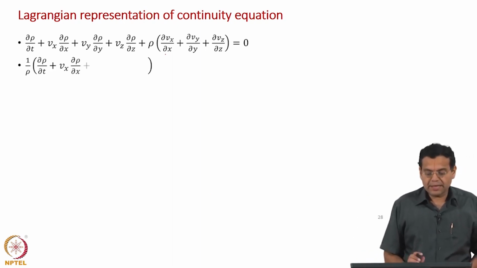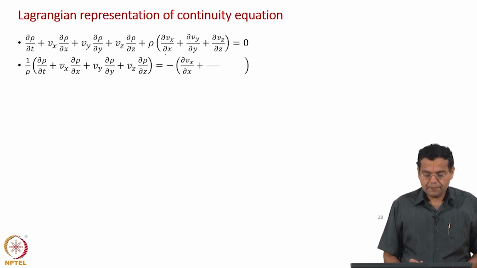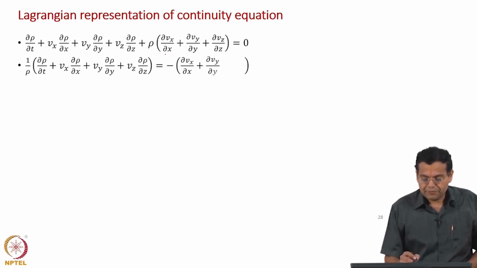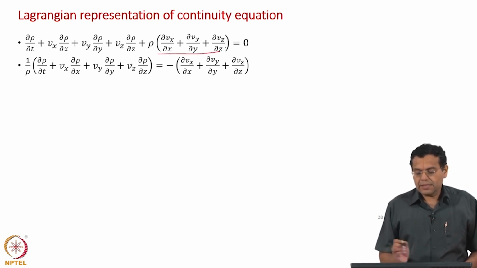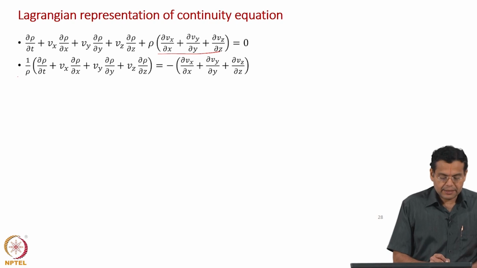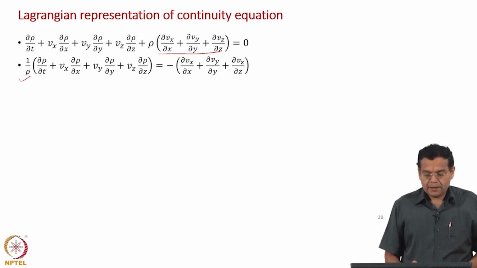We will do a small rearrangement so that we can write the physical significance of the terms. So, we take this term to the right hand side and then bring density to the left hand side, and that is why this is minus this term.